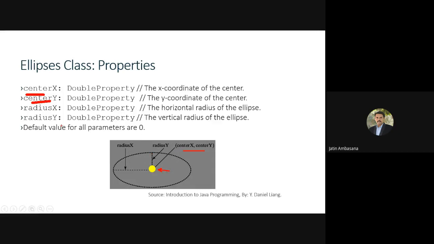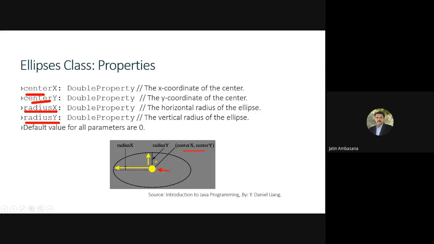And this is the ellipse class, right? In this, there is a radius of X and there is a radius of Y. So X and Y radius are different. In circle, there is only one radius. Here we have two radiuses. This is radius X, and this is radius Y. Radius X and radius Y are different.